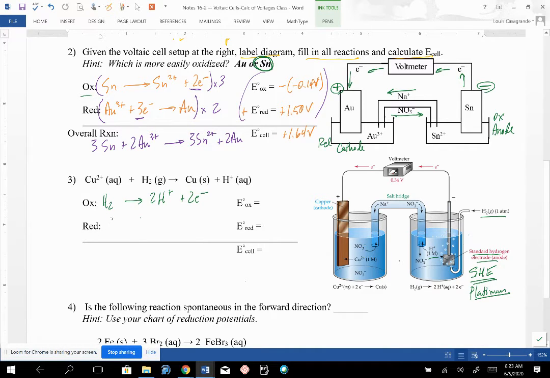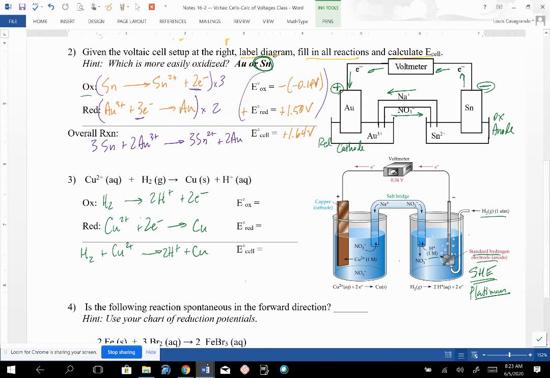And the reduction is going to be our copper 2 plus and 2 electrons, forming copper metal. We can write the full reaction, H2 plus Cu2 plus, giving us 2H plus and Cu metal.